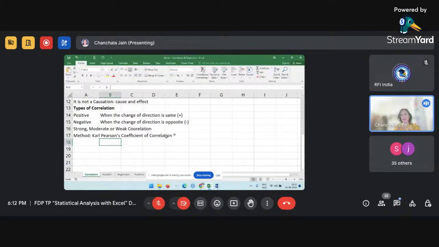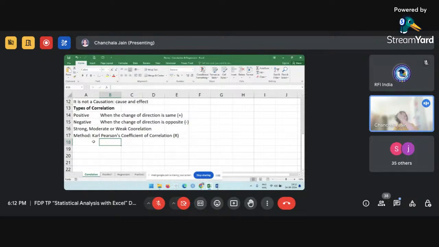Using the r value you can get the value of correlation. So this way you can denote the coefficient of correlation r.